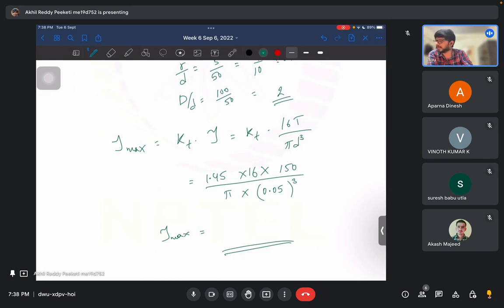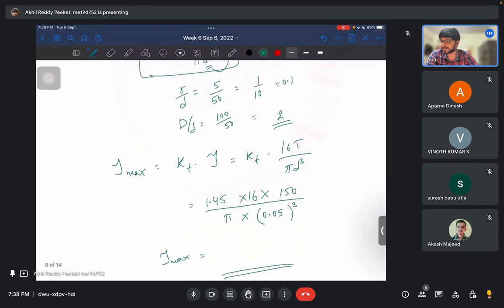For the final thing, I'll just write the answer also. Let me plug in 1.45 into 16 into 150, and let me also calculate 0.05 whole cube. What was the answer you got? I'm getting a different number.